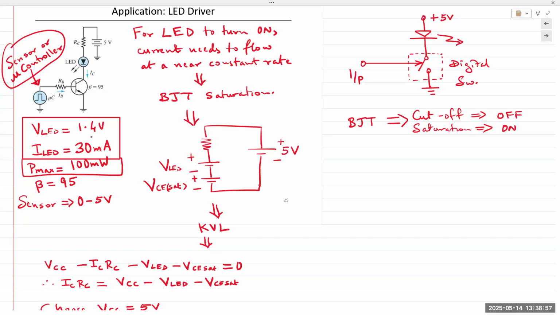So you have one pulse going from 0 to 5, then back to 0. That is fed into the BJT, which is driven into saturation, which turns the LED on. Person walks in, light flashes. How many times have we seen that? Many times. We do it without thinking, but there are a lot of things that go on behind the scenes.